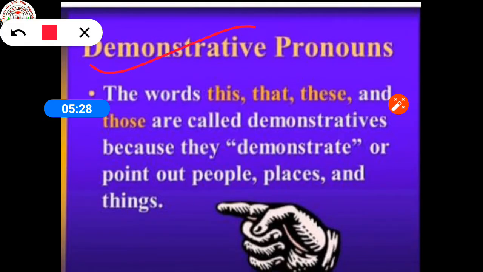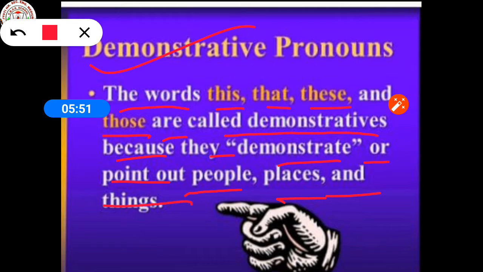So demonstrative pronouns, the words this, that, these, those are called demonstratives because they demonstrate, point out, indicate. Actually, demonstrative pronouns point out or indicate the people, places and things.